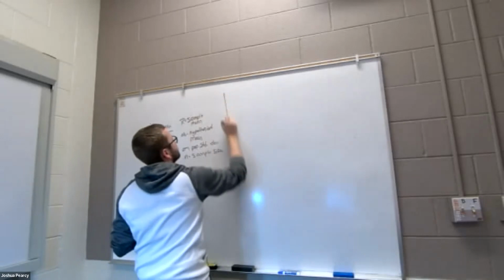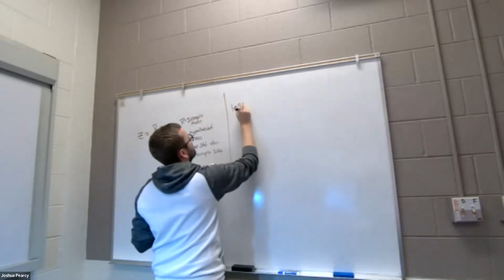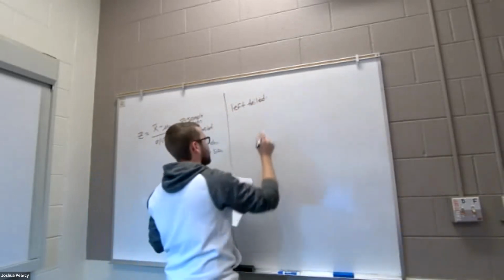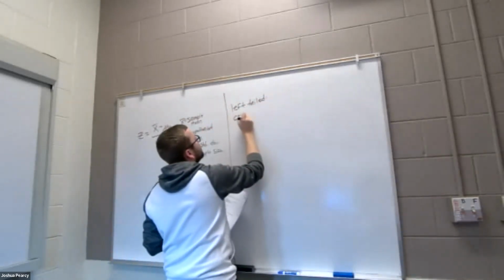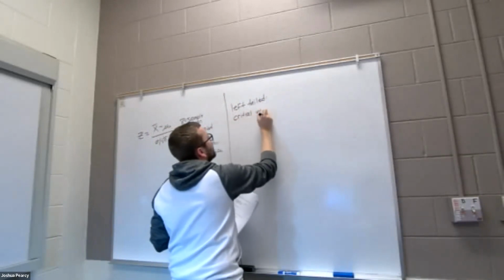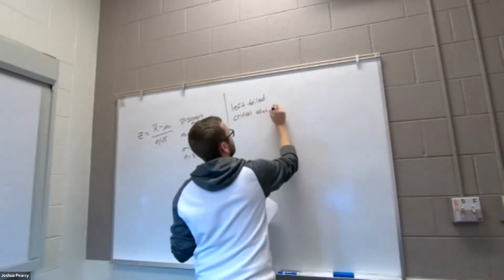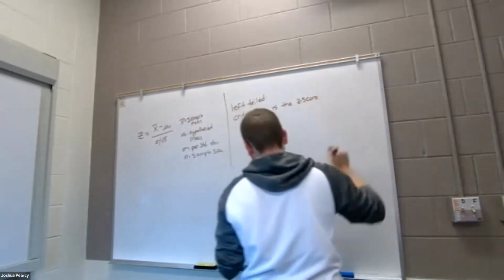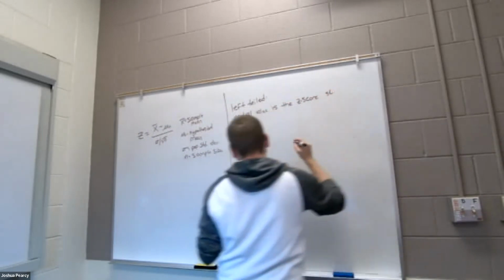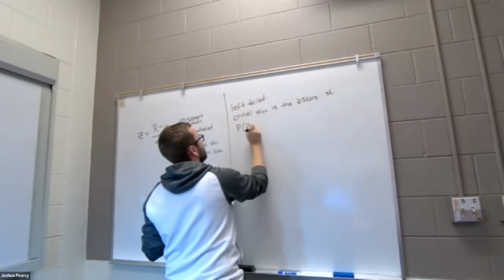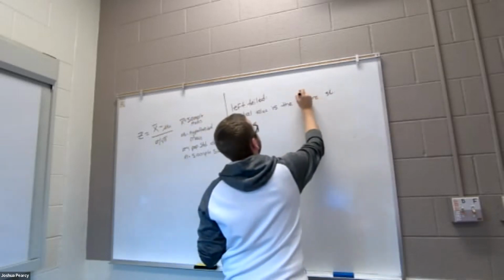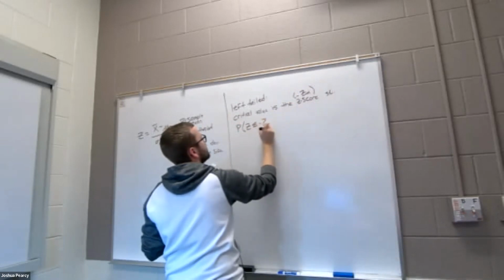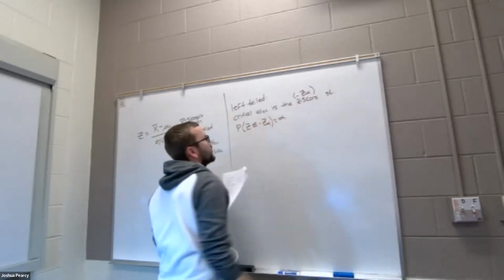If you have a left-tailed test, then the critical value for this test is the z-score, let's call this negative z alpha, such that the probability of z being less than or equal to this negative z alpha is equal to alpha.